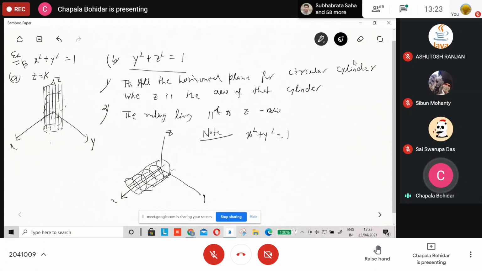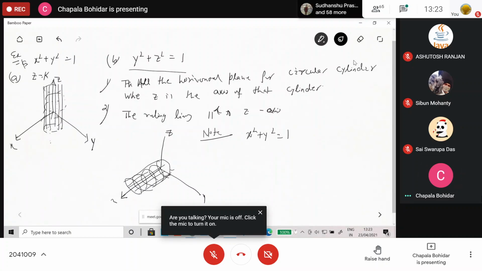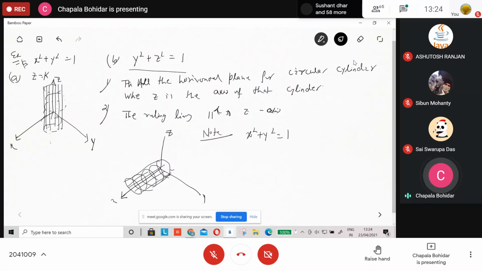On the surface, it will represent a cylinder, not a circle. The trace of the cylinder x square plus y square is equal to 1 is in the xy plane.